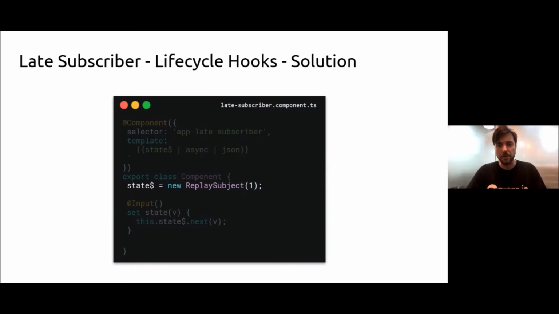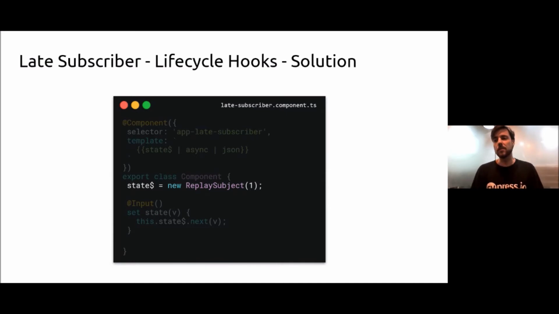When you subscribe to it, it replays a number of last values. In my case here, I specified the number of replayed values to 1. So when I subscribe to this subject, I get the last value replayed. And this is the quick fix to this problem, because even if I'm too late and I subscribe, the last emitted value will get pushed to me.